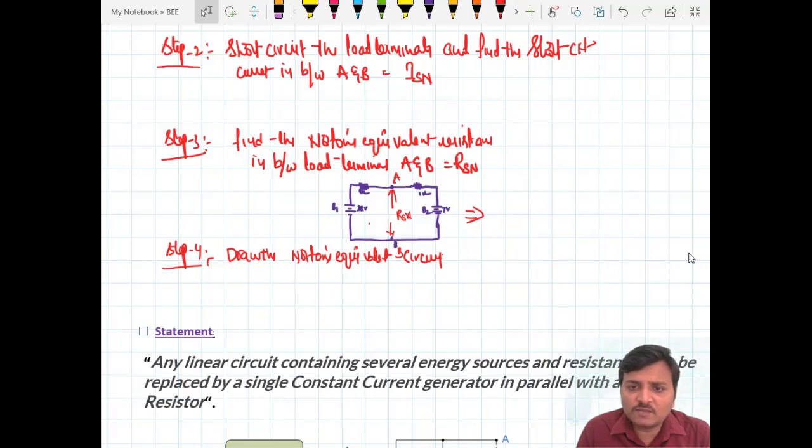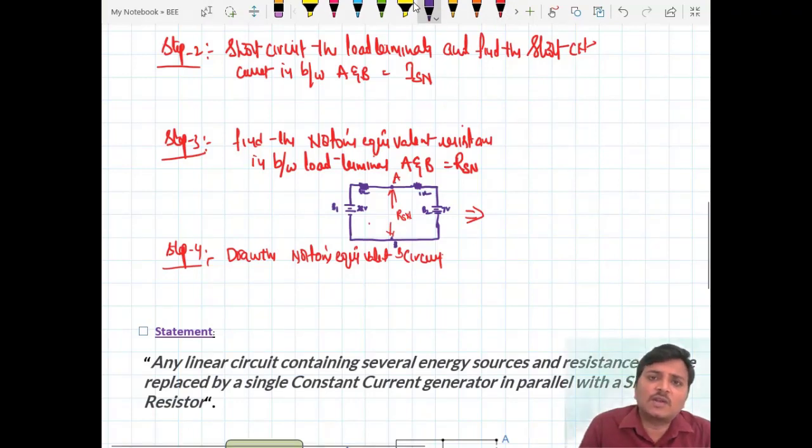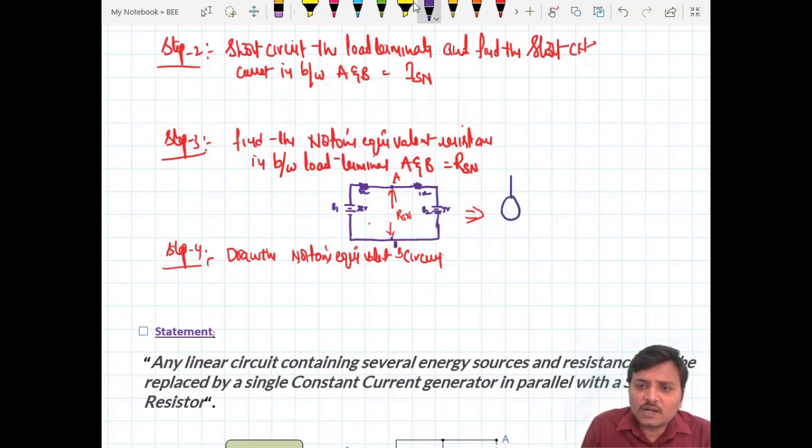So this is the circuit, and from this circuit I want to draw the Norton's equivalent circuit. In step 2, you found the short circuit current ISN, which is connected in parallel to the equivalent resistance RN.